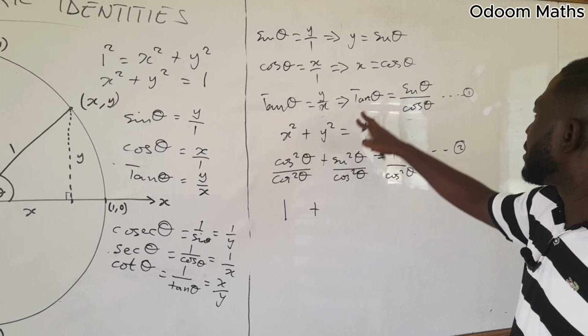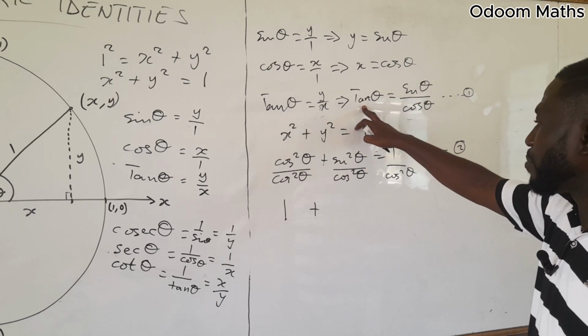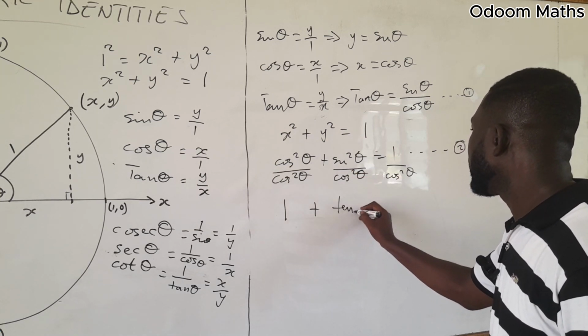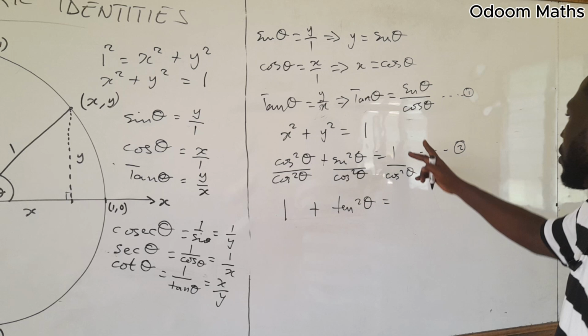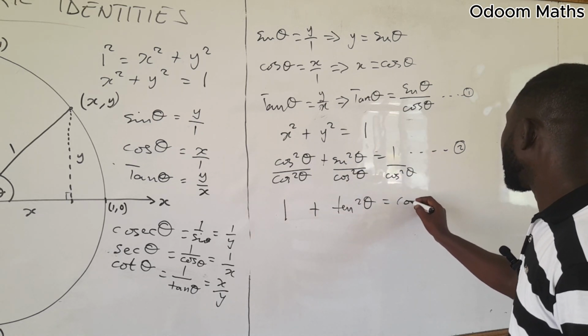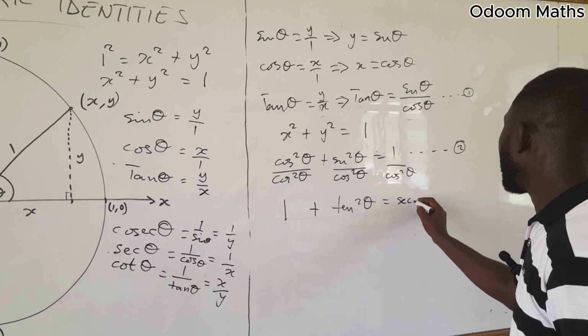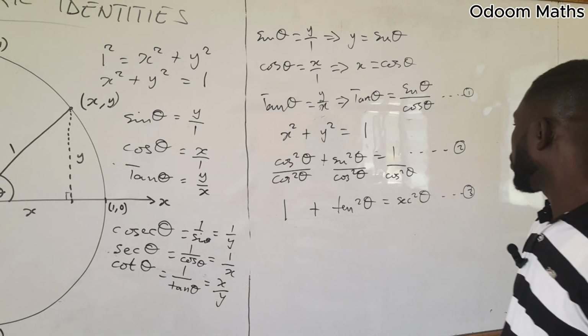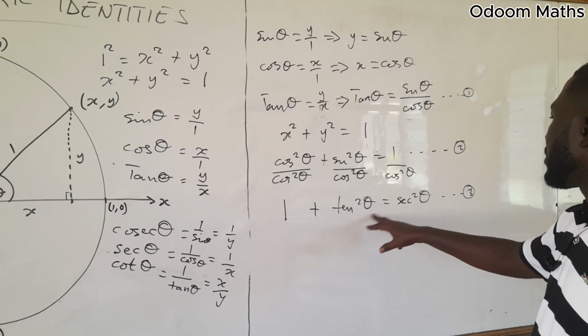And sin theta over cos theta is tan. So tan squared theta equals 1 over cos is sec squared theta. Another identity. So 1 plus tan squared theta is equal to sec squared theta.